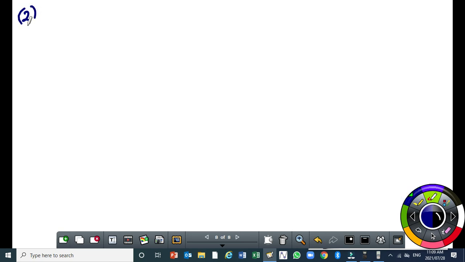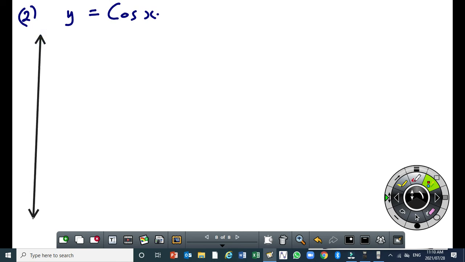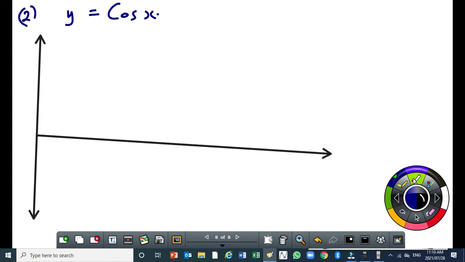Right, then number 2. Remember, number 2, we are now sketching y equal to cos x. Okay, y equal to cos x. Right, I'm just gonna draw a table of values just for interest's sake.